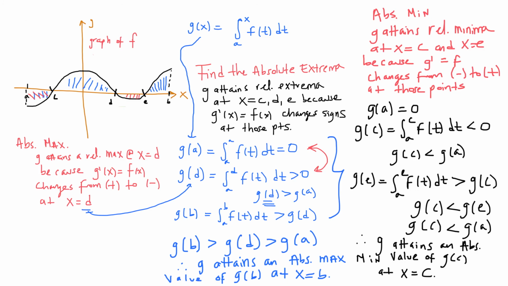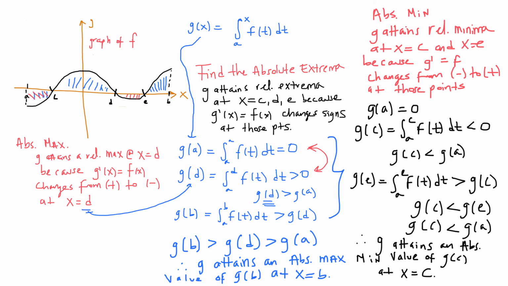Don't forget, you have to start off with the relative extrema to explain why you are even considering these numbers. And so we made a case for the relative maximum, we made a case for the relative minimum, and then here we check just about everything, the relative max, along with both endpoints. And because one of the endpoints gave us the absolute max, then we don't have to check that endpoint again for the absolute min, because that would be a contradiction.